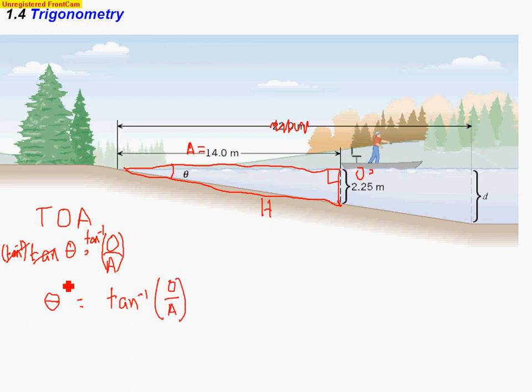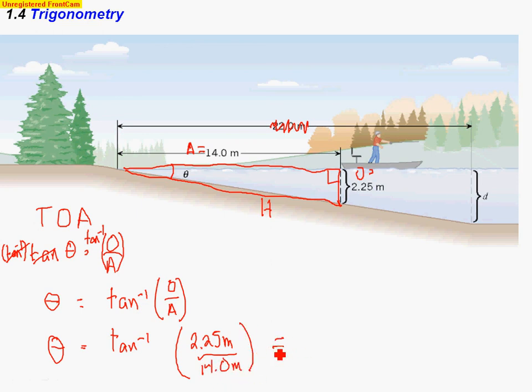So now we've got our unknown by itself, and everything over here are things that we know that we can plug in. So theta equals inverse tangent of 2.25 meters divided by 14.0 meters.